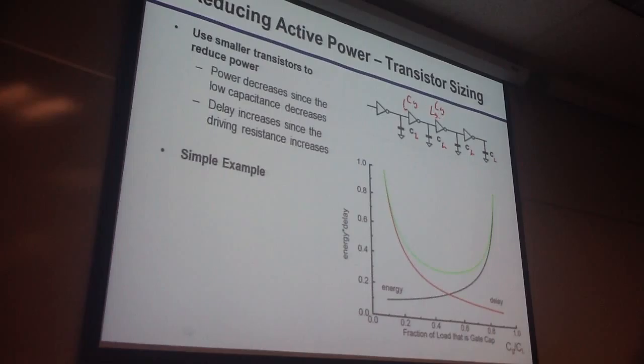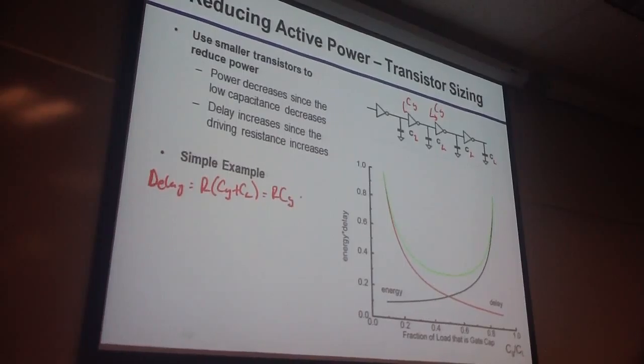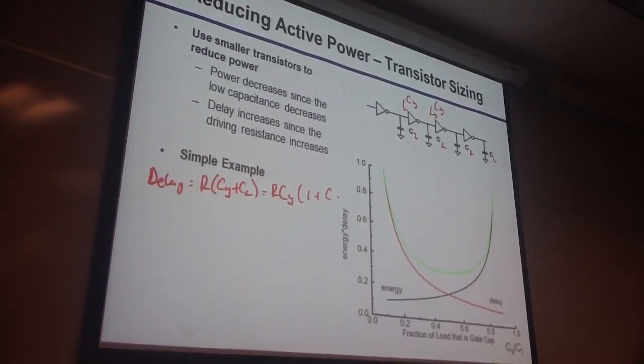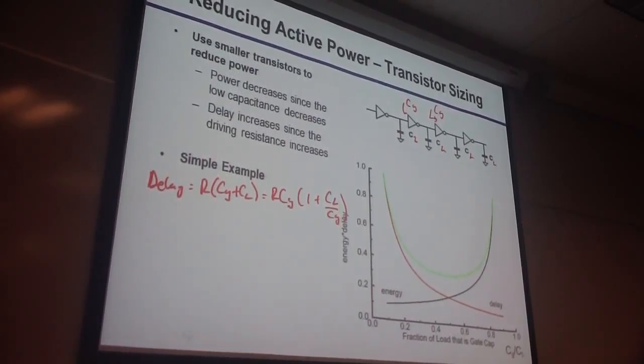Okay? So for instance, in this simple example, the delay is what? The delay, you can simply say it's R of this guy times CG plus CL. Right? So you can pull CG out. CL, CG. Right? That's delay.